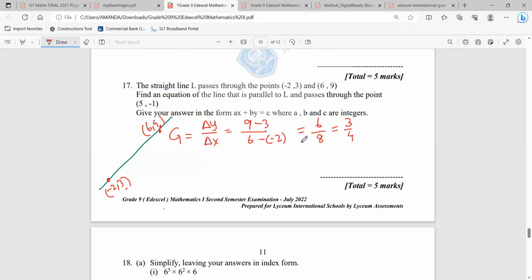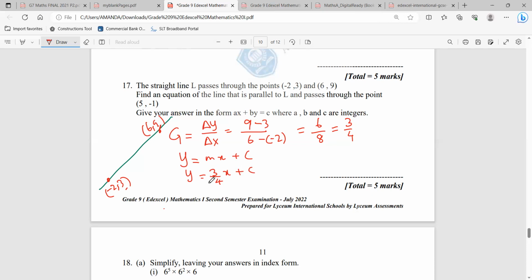Now they are asking for an equation parallel to this. So our generic equation is y equals mx plus c. Now I can write m as the gradient, x plus c. Now the matter is to find c.